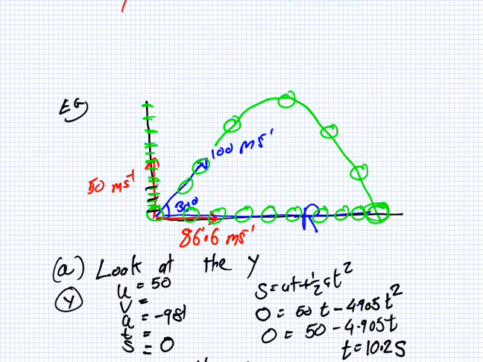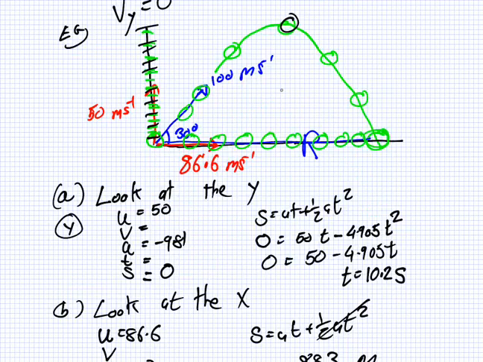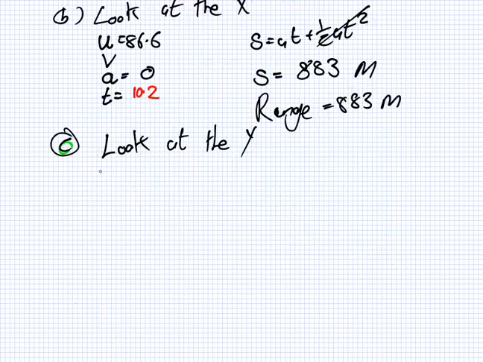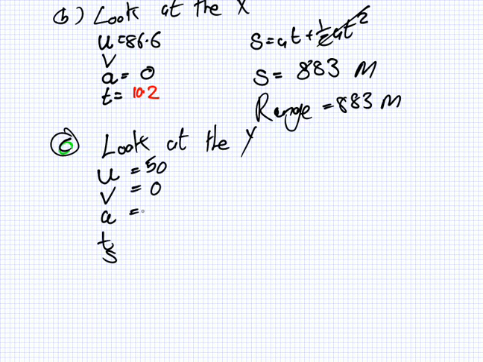So this one here is 86.6 meters per second. And then the other one, sine, so that one here is 50 meters per second. Sorry, this was 100 cos 30 and this was 100 sine 30. Okay. So it goes up and down and then crashes here.